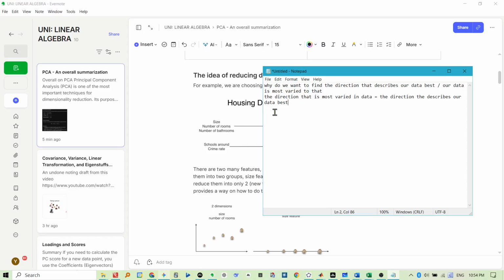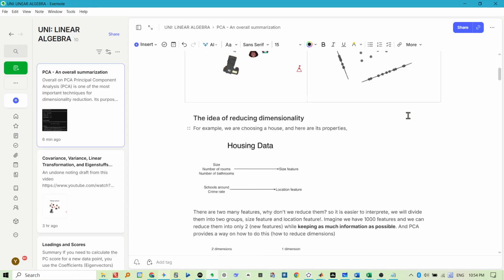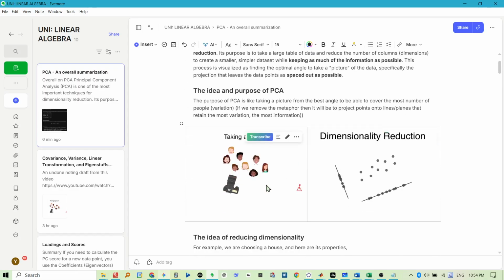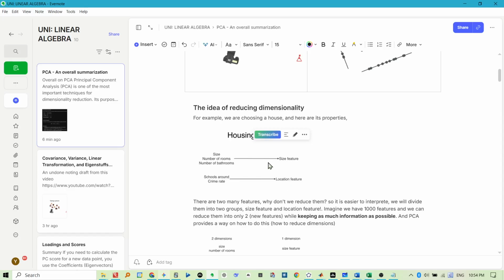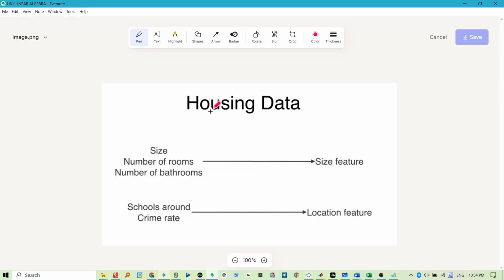How do these two concepts resemble each other? So imagine the housing data right here.